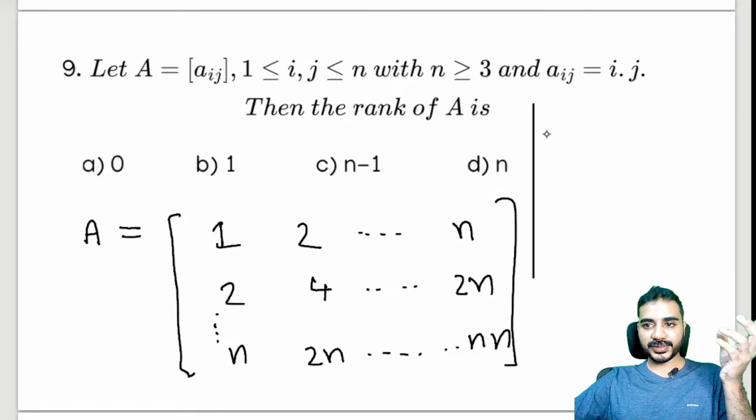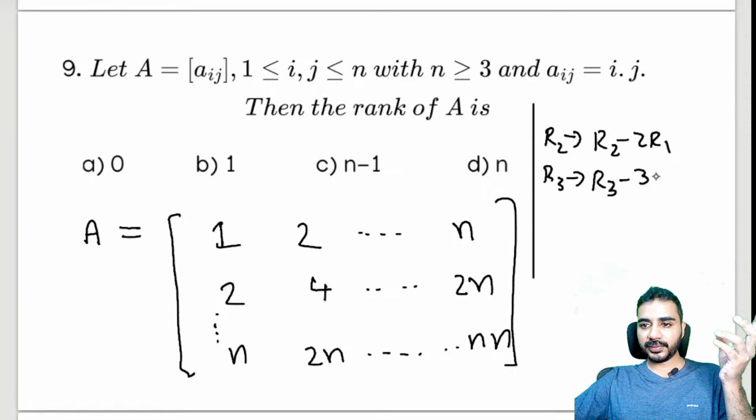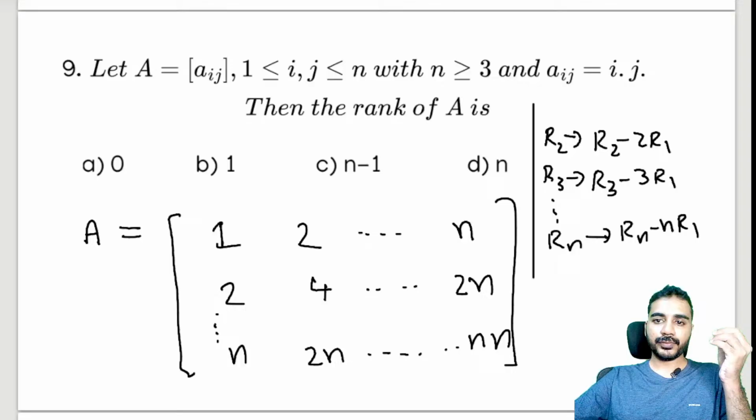If I do operations like R2 given as R2 minus 2R1, similarly R3 given as R3 minus 3R1, up to Rn equal to Rn minus nR1, we will get 0 in all the rows except row 1.